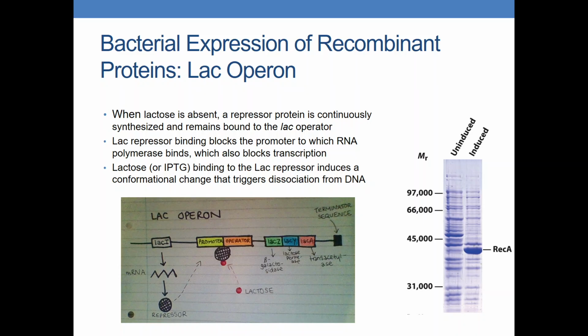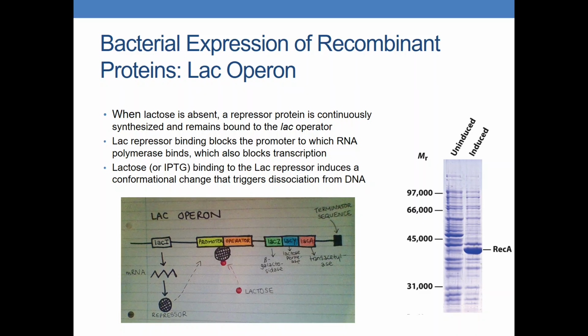Now, let's say I want to make my protein. I want to control when my protein is expressed versus when it is not. What I'm going to do is introduce lactose, or more commonly, a non-hydrolyzable lactose analog, IPTG. I add IPTG or lactose, and that binds to my LAC repressor.